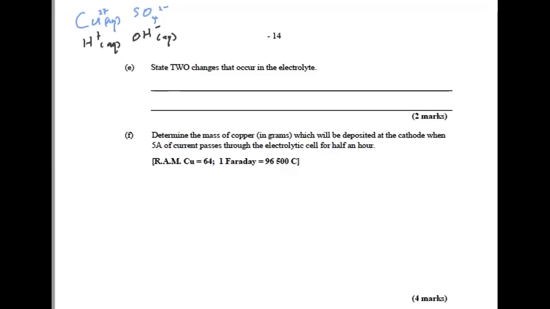In the electrochemical series of the cations, copper falls below hydrogen, so copper would be liberated preferentially to the hydrogen. If copper is liberated preferentially, then we will be removing copper-2 plus ions from the solution. And remember that the copper-2 plus ions are what's responsible for the solution being blue. So we're removing copper-2 plus ions from the solution.